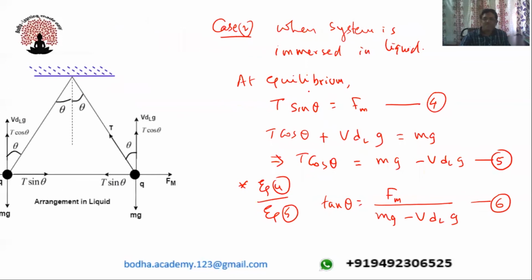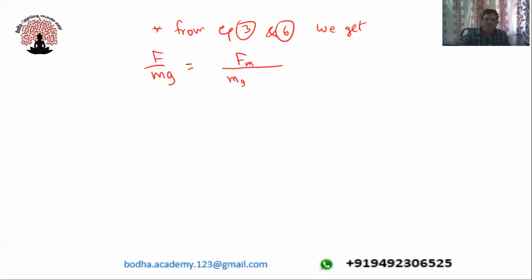We'll equate it. So from equations 3 and 6 we get F by mg is equal to Fm by mg minus volume into density of liquid into g.